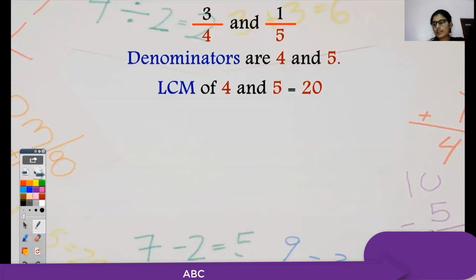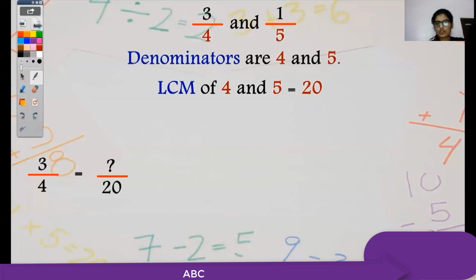Now what do I have to do here? I have to make the denominator of 3 by 4 as 20, and then I'll make the denominator of 1 by 5 as 20. Now let's see how we can do this. In 3 by 4, I have to make 4 as 20. How can I make 4 as 20? When I multiply it by 5.